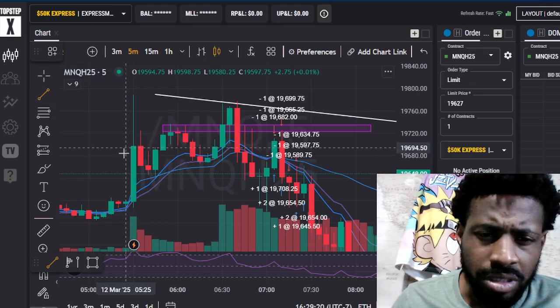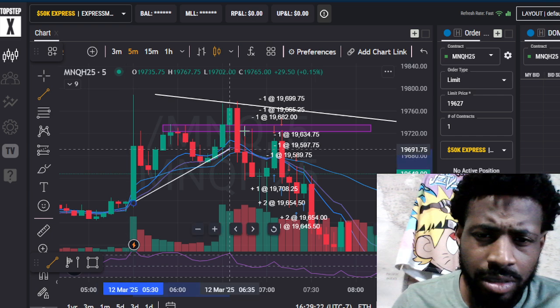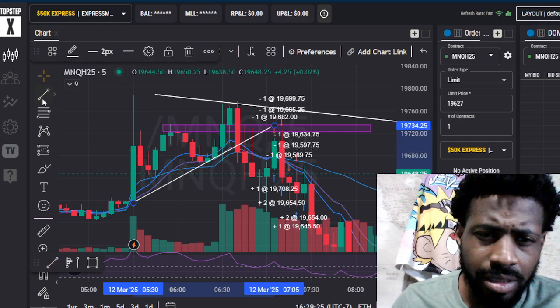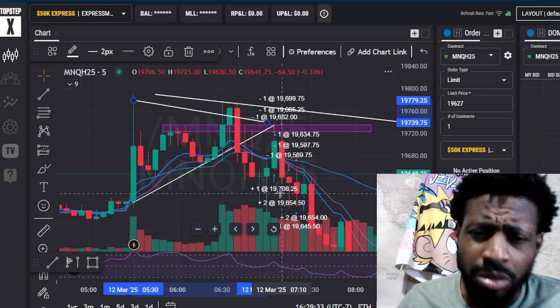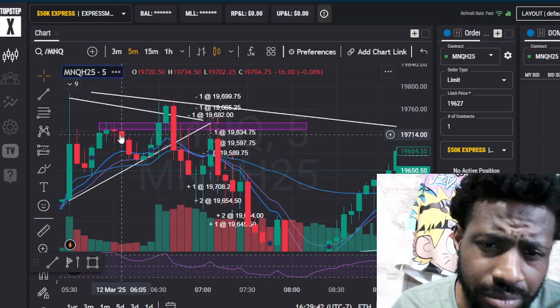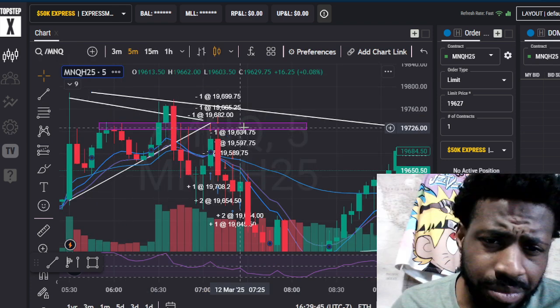Okay, so what I had here was this. So I had this and this, right? It was forming a flag pattern. It's already busted out. I had my level here, and I was looking to enter.